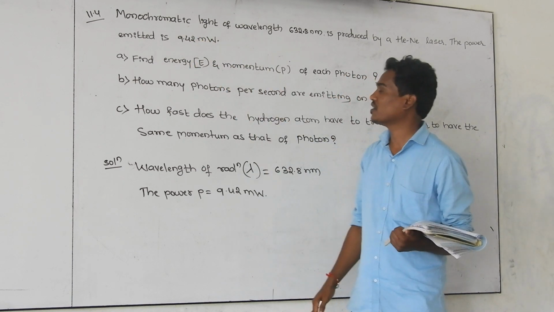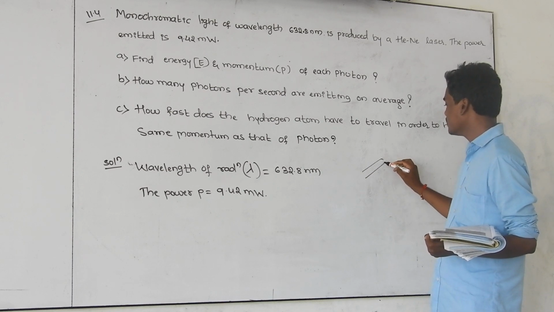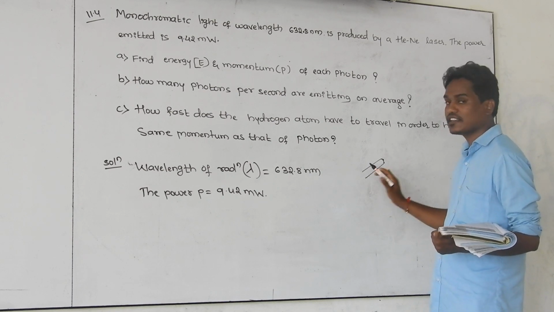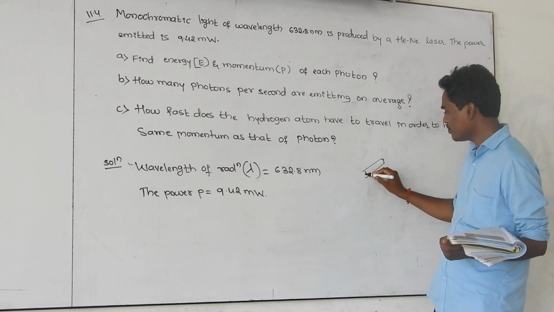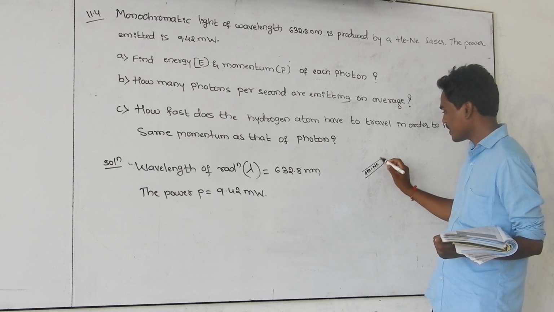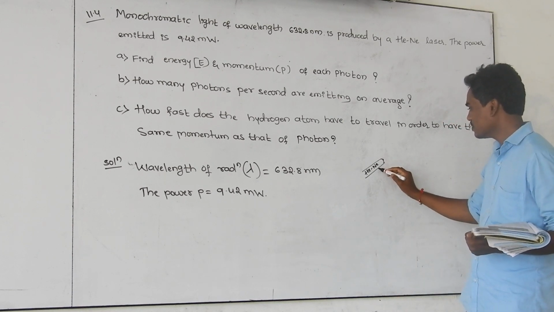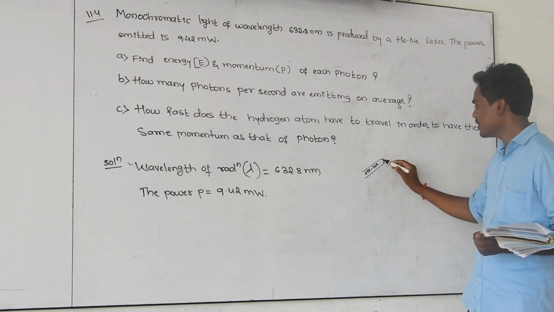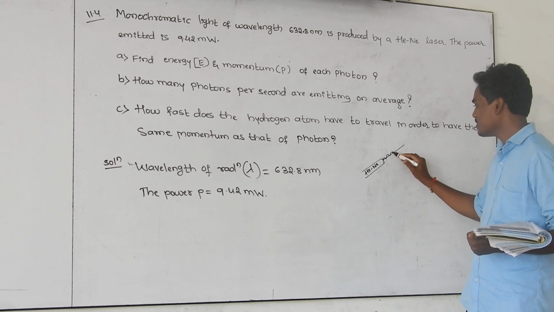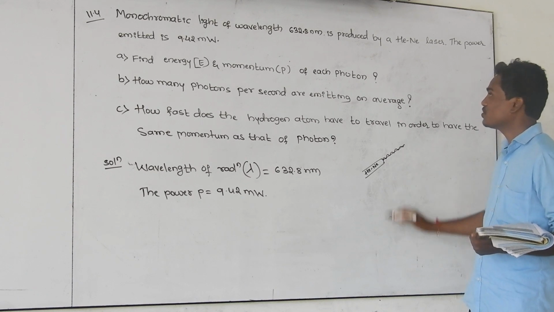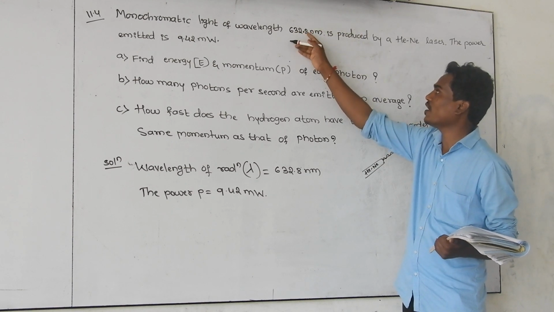It means, let us consider here it is called a laser, and this laser is made up of helium and neon gases. Whenever you use this laser, it is emitting radiation, and its wavelength is equal to 632.8 nanometer.